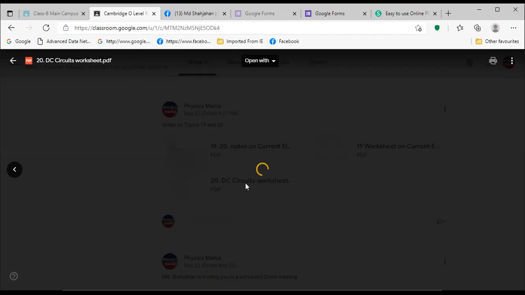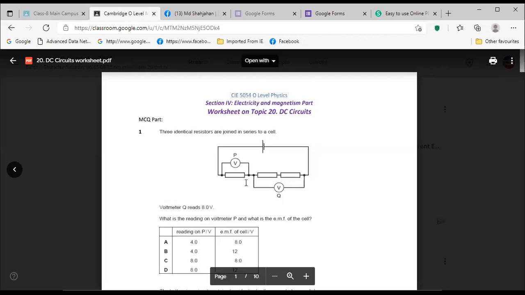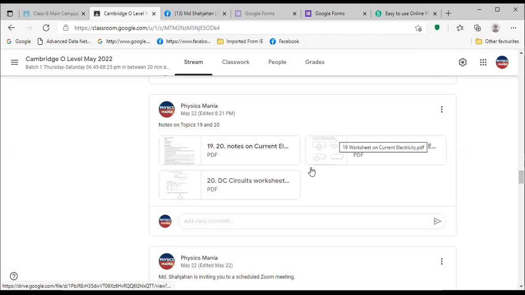So I want you to print out both the worksheets, and after giving the printout, you try topic 19 MCQ part. As much as possible you try. Some of you can do, some of you can't do. So you try, and next class we will discuss them, inshallah.